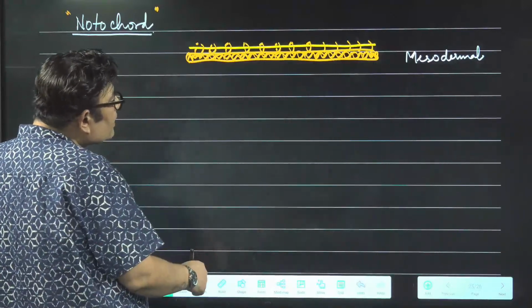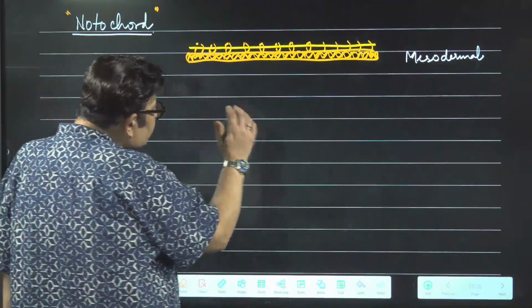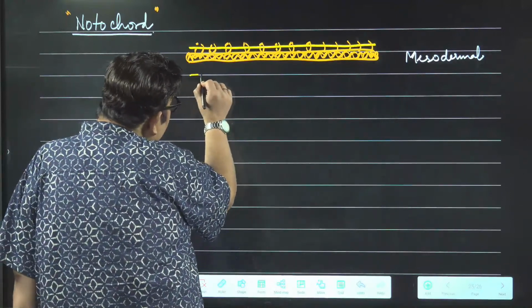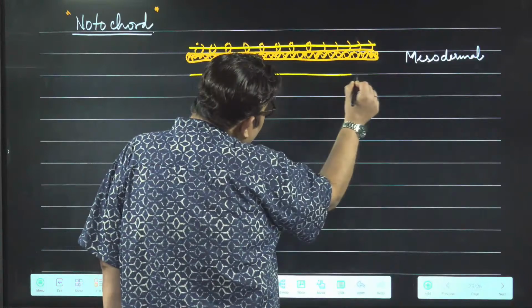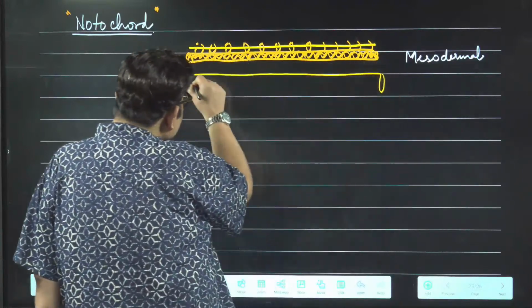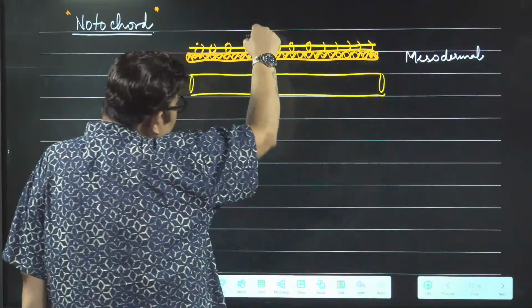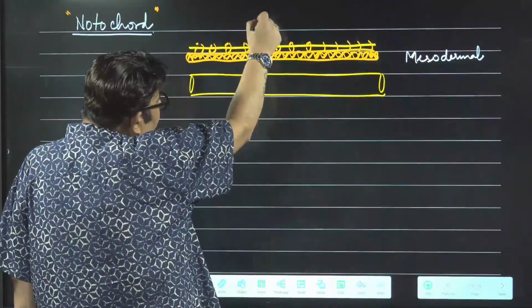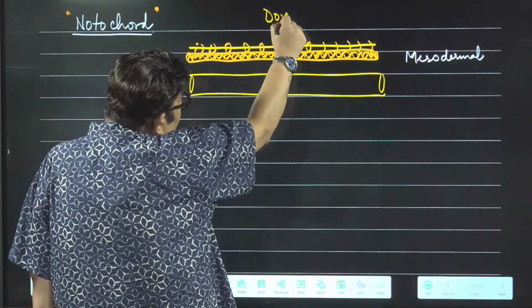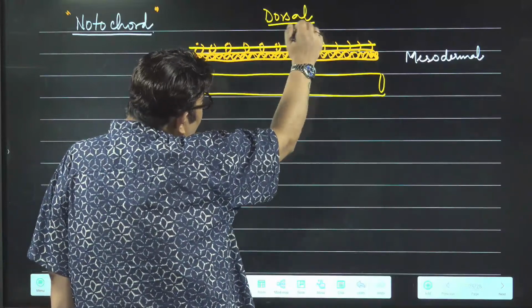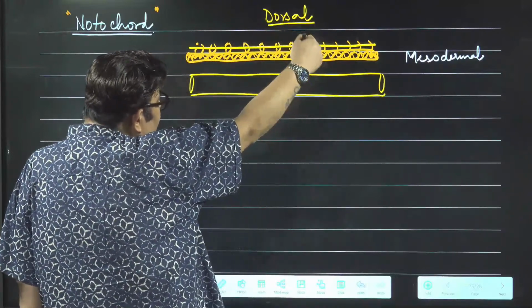So guys, I have also made another diagram with the help of an artist that I will show you in the pen drive. Meanwhile, just understand, where is the gut? This is the gut, beta. Here is the gut. And this is the dorsal region, dorsal. These are the animals who have got the nerve cord dorsally present.